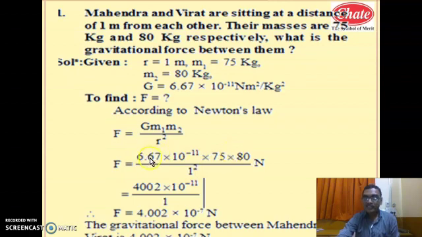Solving this, the product of 6.67 into 75 into 80 gives 4002 into 10 raised to minus 11 upon 1 square, which is 1. Shifting the decimal between 4 and 0, we get 10 to the power plus 3, and plus 3 and minus 11 give 10 raised to minus 7 by the laws of indices. So the force between Mahendra and Virat will be 4.002 into 10 raised to minus 7 Newton. This is the gravitational force between Mahendra and Virat.